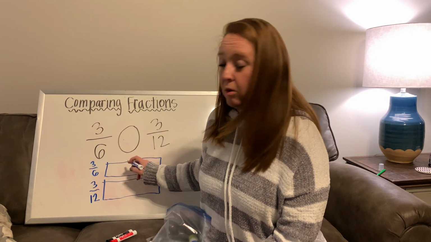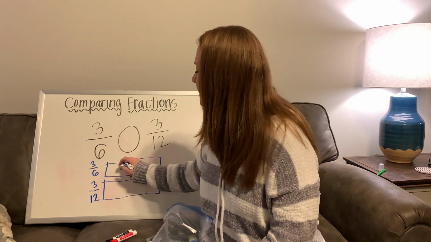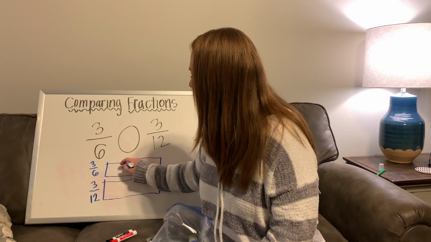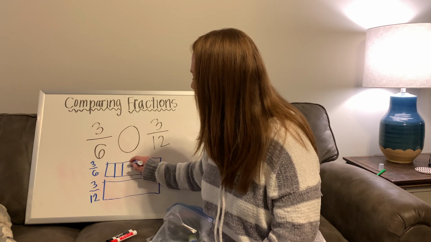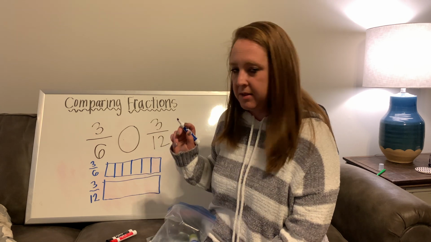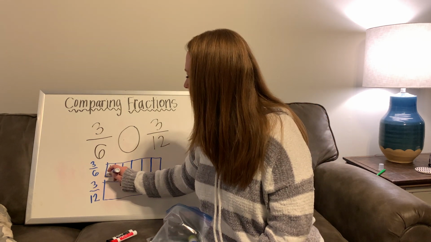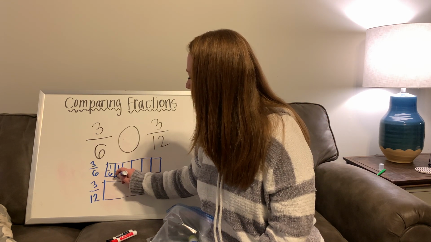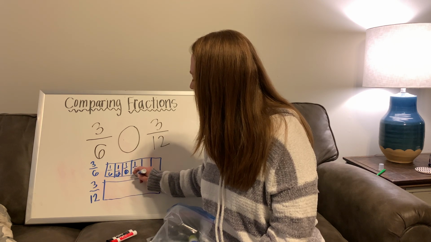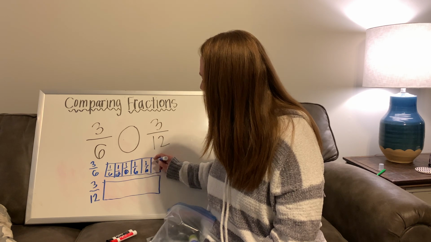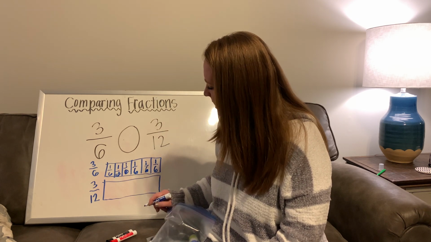I'm going to divide or partition this one into 6. I like to do thirds first, and then half my thirds. That gives me 1/6 size pieces. Each piece is a 1/6 size piece.